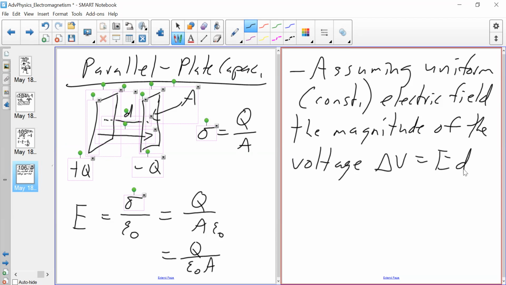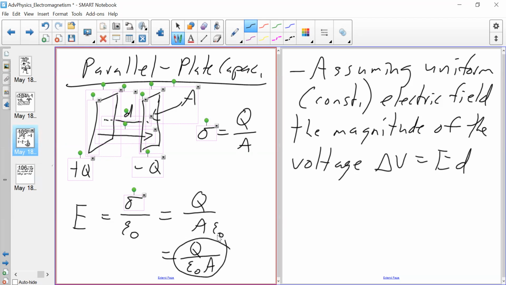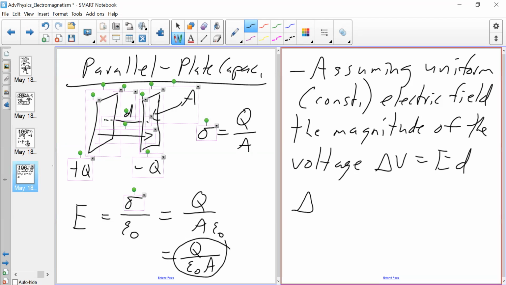We've seen that back in previous chapters. Delta V equals E times D, electric field times the distance between the plates. And we know now that the electric field between those plates is given by this. And so we can then substitute and say delta V is equal to QD over epsilon naught times A. That would be the voltage in between two parallel plate capacitors, re-expressed.